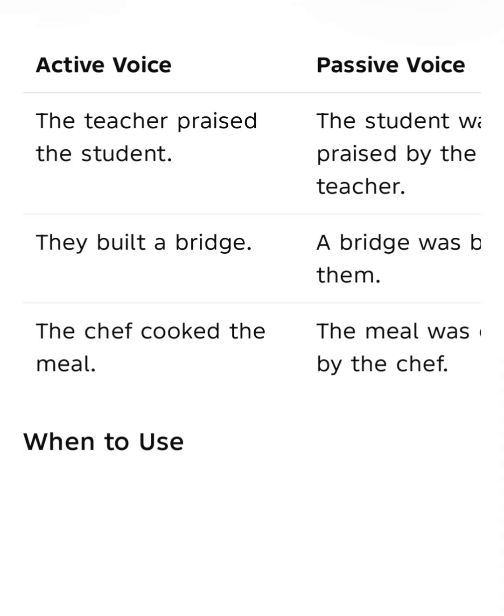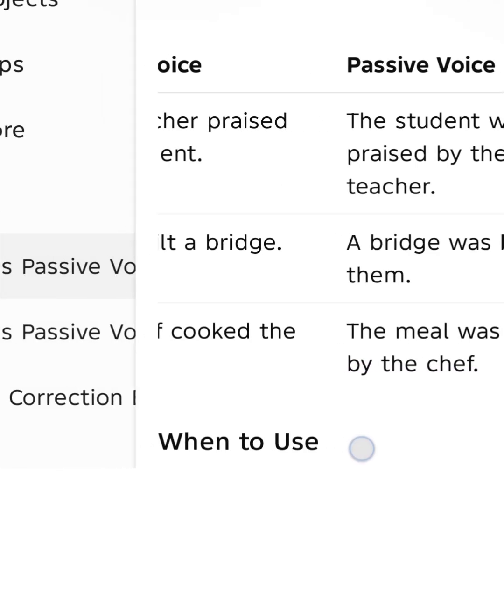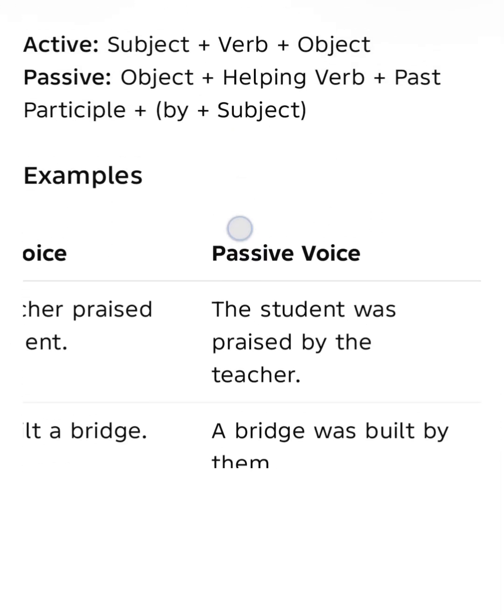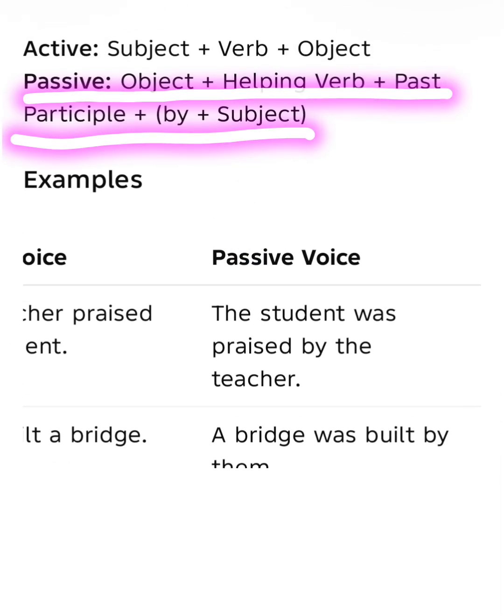The meal was cooked by the chef. So this is the example. You should memorize the formula: first you write the object, then the helping verb, then the third form of the main verb, then by, and then the subject.